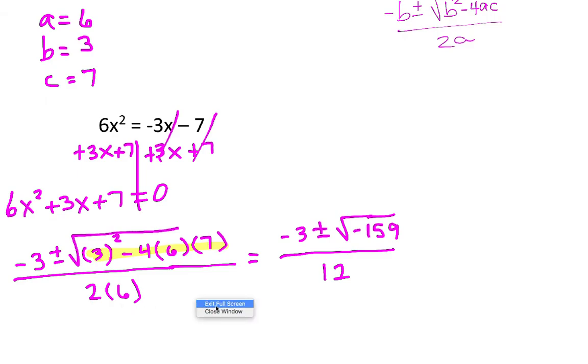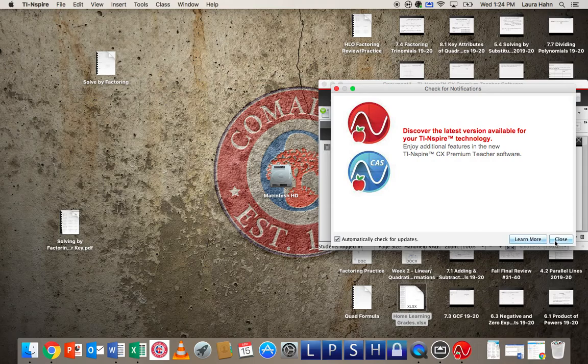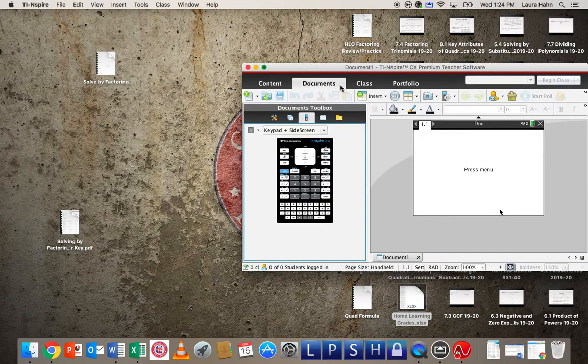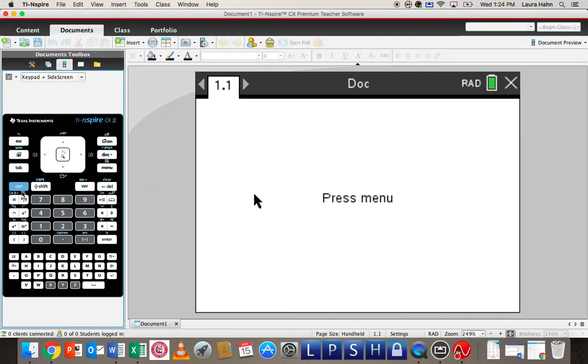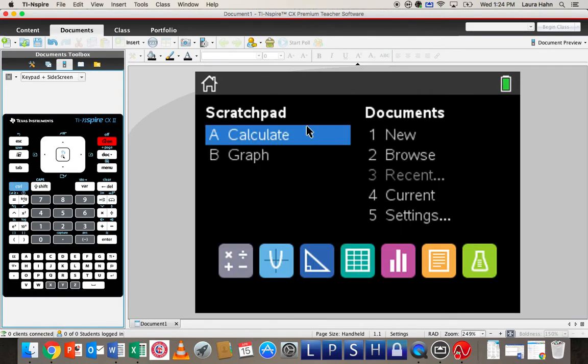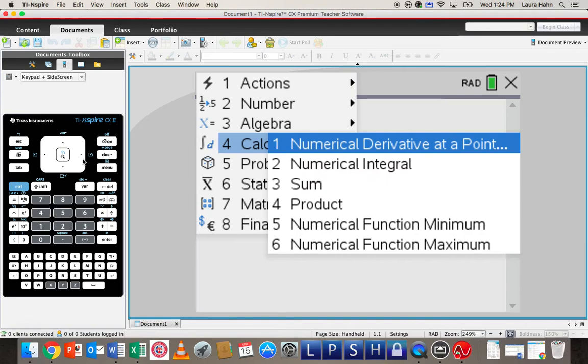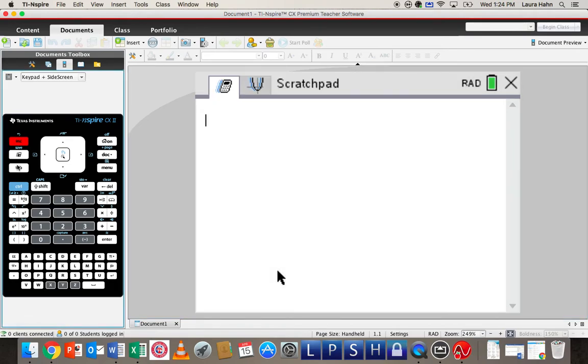Okay, from here we would try to see if I can simplify the square root of negative 159 and get a pretty number. So I'm going to actually type that in and show you what happens. So earlier we typed in the square root of 16.